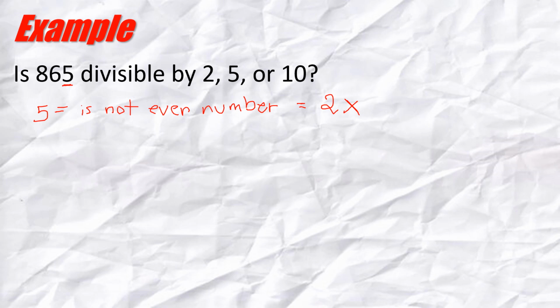Next, since the last digit is 5, it's divisible by 5. Next, is it divisible by 10? Can we divide it by 10? According to the divisibility rule of 10, it must end with 0. Since 865 doesn't end with 0, it's not divisible by 10. 865 is only divisible by 5.